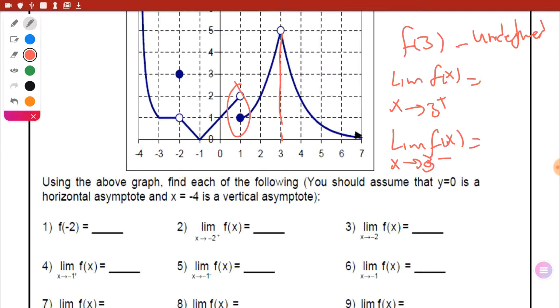Here the limit of f of x when x approaches 3 from right, go with the curve until I reach above 3, so the result will be 5. As I approach from left, go with the curve until I reach above 3, it will be 5. I think it's clear. Okay?